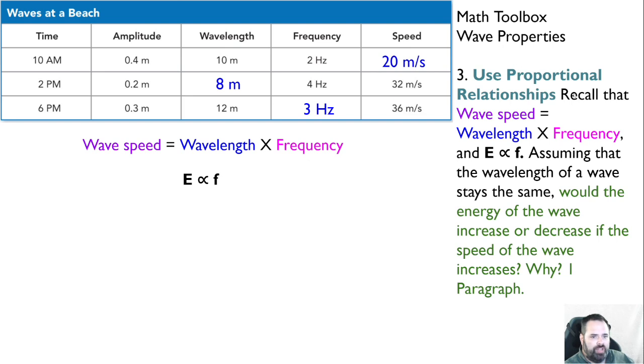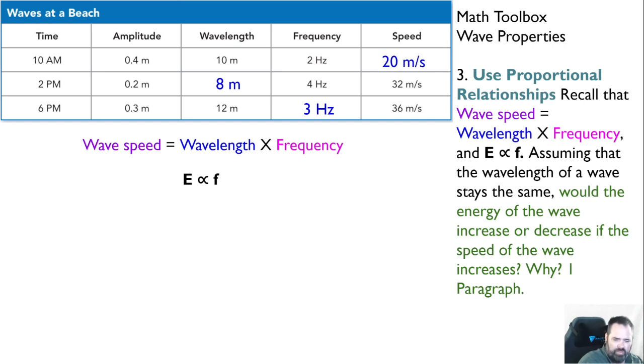Use proportional relationships. Recall that wave speed is equal to wavelength times frequency, and energy is proportional to frequency. Assuming that the wavelength of a wave system stays the same, would the energy of the wave increase or decrease if the speed of the wave increases?